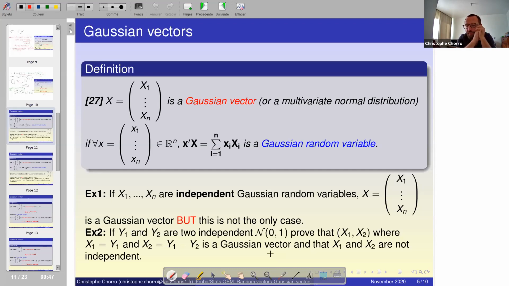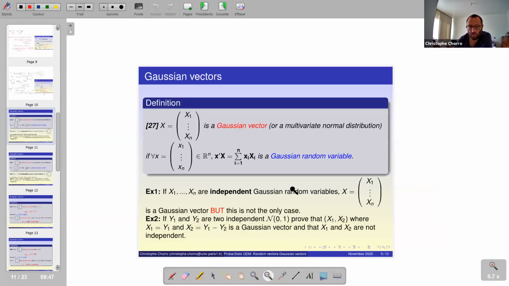So that's why, as you are going to see now in definition 27, what we define as a Gaussian vector is something a little bit more complex than what I can naively propose, that is a vector with Gaussian components. It's something a little bit more restrictive in order to be able to obtain the properties we want to extend from n equal to 1 to general n.